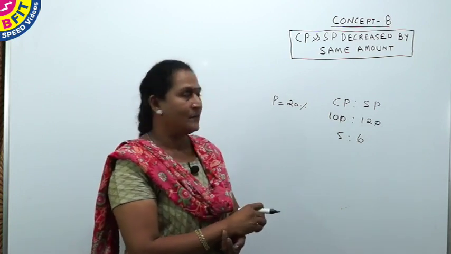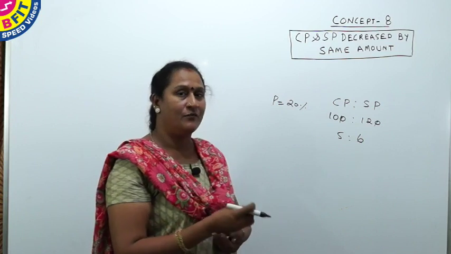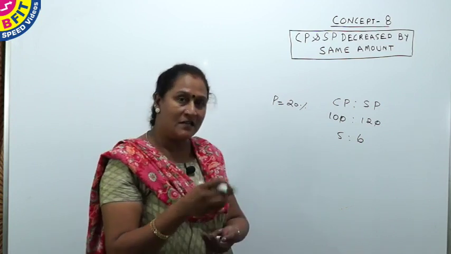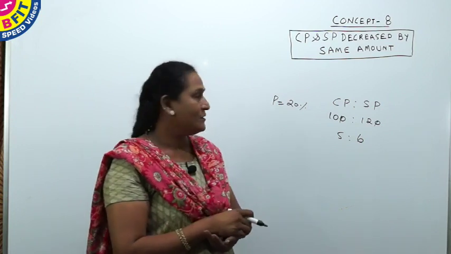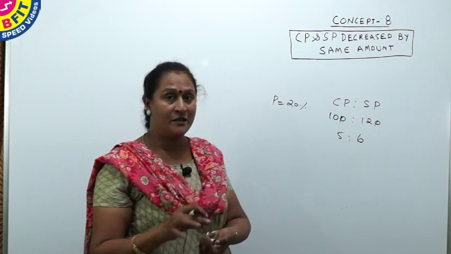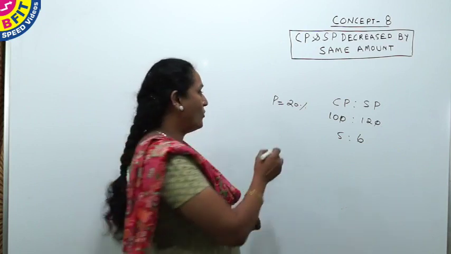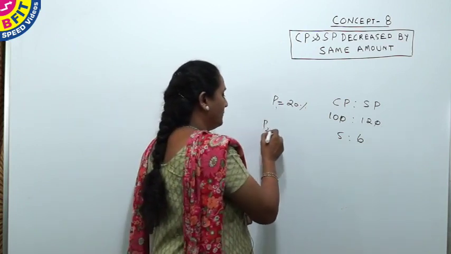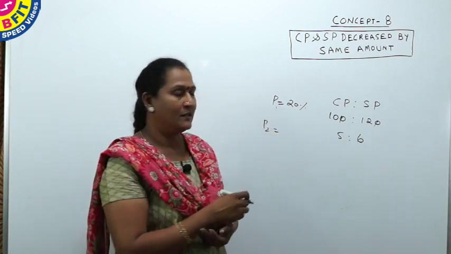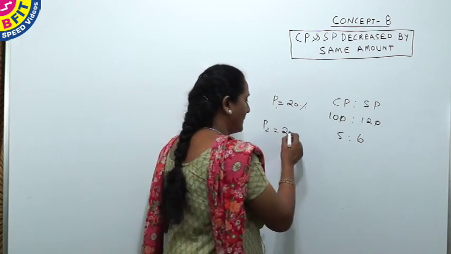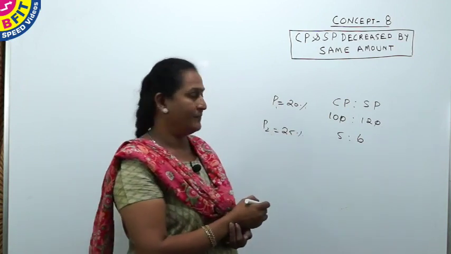And now they say that cost price is reduced by 100 and selling price is also reduced by 100. So if the person buys an article for 100 less, and sells it for 100 less, then he will get 5% more profit. Earlier it was 20%, so now the profit percent is 25%.